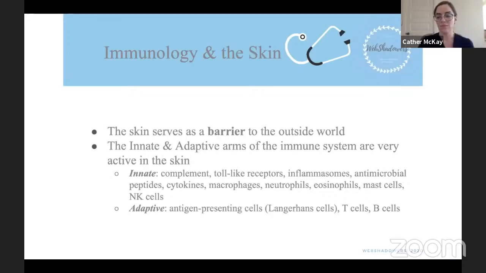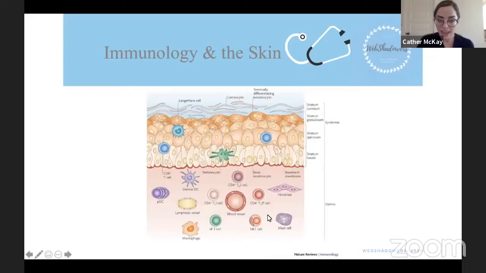If it needs to mount an immune response, all those things come into the skin. So it's super complex. This is a pretty simplified version of what all is involved.